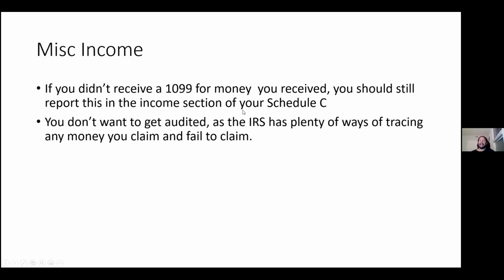So again, I kind of touched on the cash thing, but for miscellaneous income. If you did not receive a 1099 for money you received, you still should report it on this income section of your Schedule C. Again, the IRS is not getting a formal notice of the money, but they still have ways to find out.